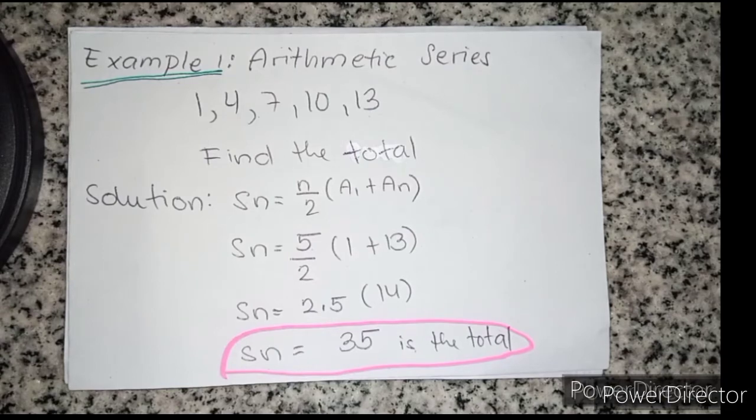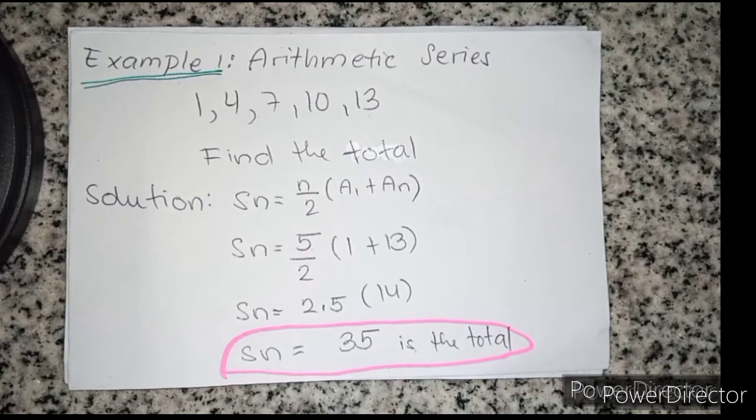So we have 5. Then a sub 1, the value of your first term, is 1. And the value of a sub n, the last term, is 13.